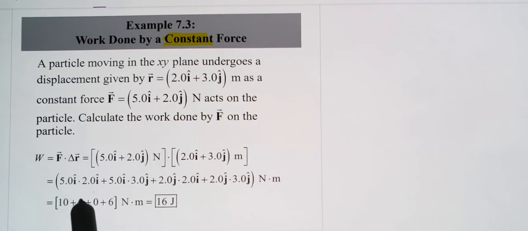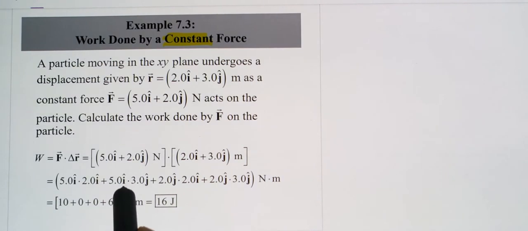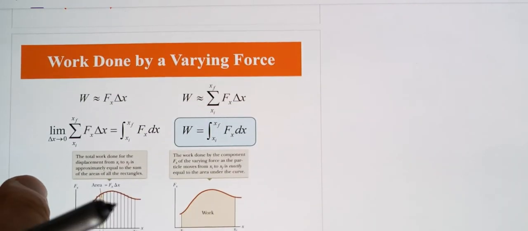You don't need to do it in details if you are sure of yourself, because i and j will cancel, j and i will cancel. So if you are sure of yourself, you don't need to show that. You just give me the final answer. So it's 10 and 6, so it's 16 joule.